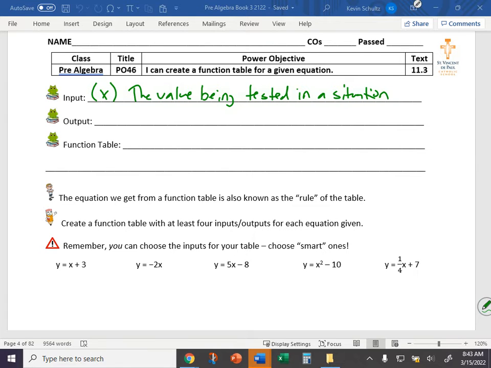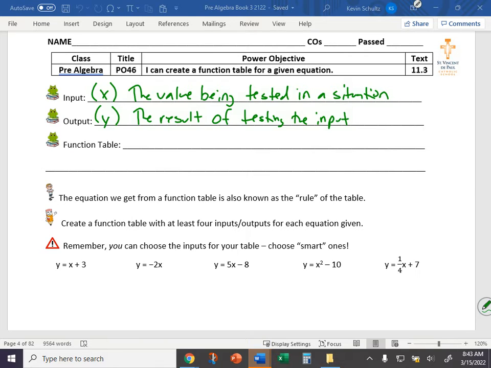So the output, which is usually the Y variable in an XY table, but we'll be using other letters than X and Y, so we can't rely on that. But the output is the result. The result of testing the input. You can think about this in science terms as the input is like the control variable, right?